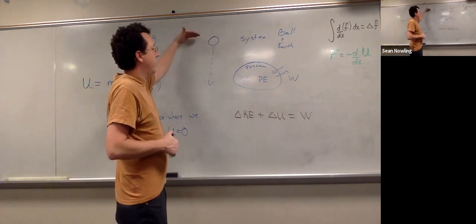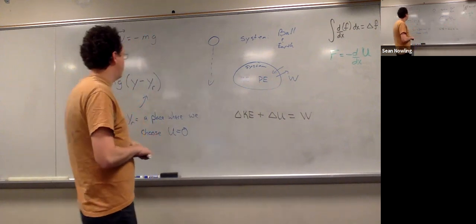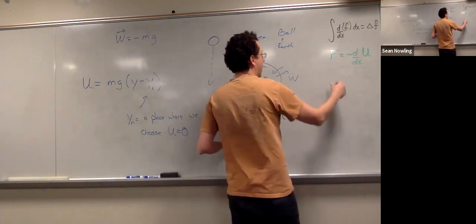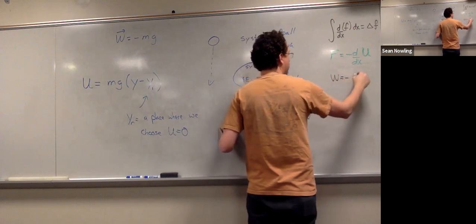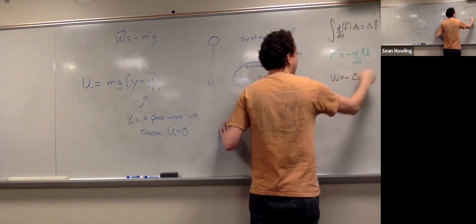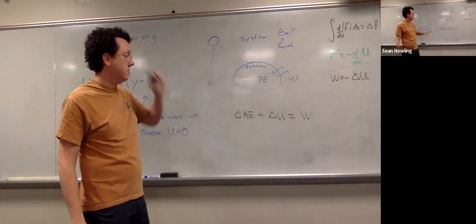On the other hand, you can kind of see what's happened here. On the other hand, I had that the work due to a conservative force was minus delta U. So what actually happens is as follows.